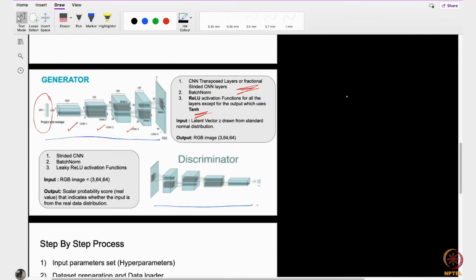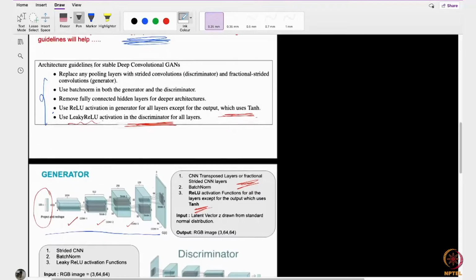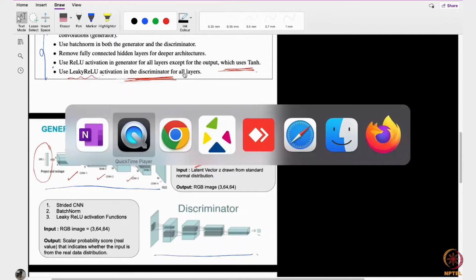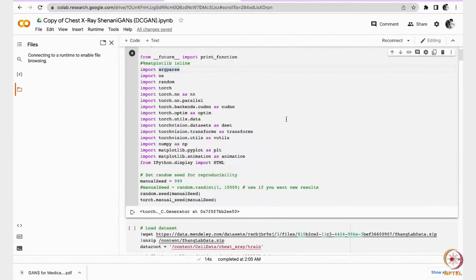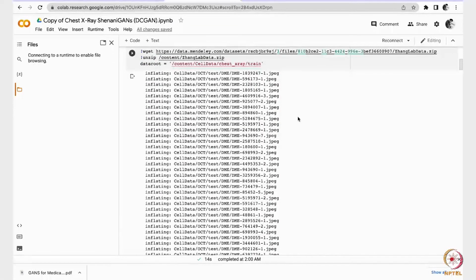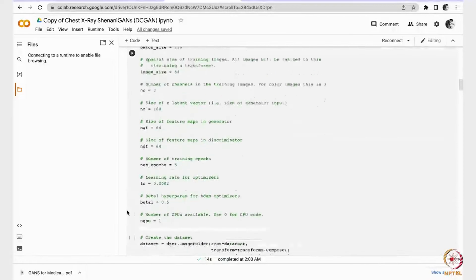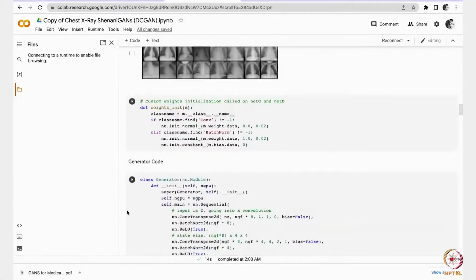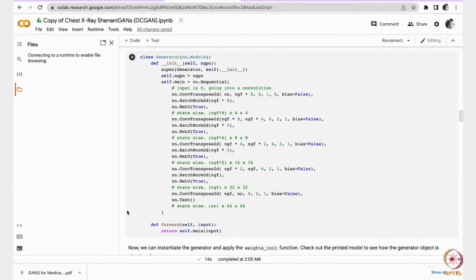Now let me show you in what way the generator and discriminator are designed in the network using these 5 guidelines. Suppose this code has been designed for chest X-ray image generation using the DCGAN algorithm. Here we have 2 parts: the generator network and the discriminator network.